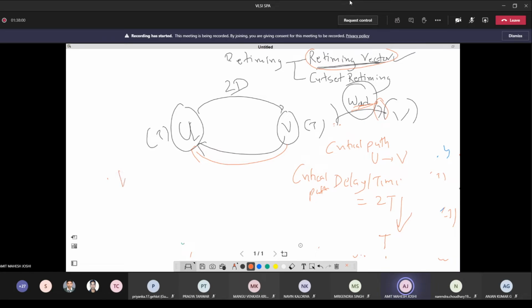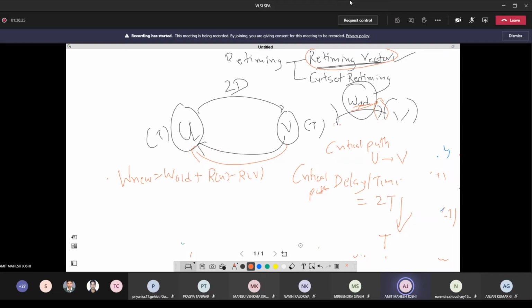So W new is equal to W old plus, I am talking about this edge. Always the retiming concept starts with your critical path because that is of our interest. So I am talking about this edge. So that is RU minus RV. What is my intention?